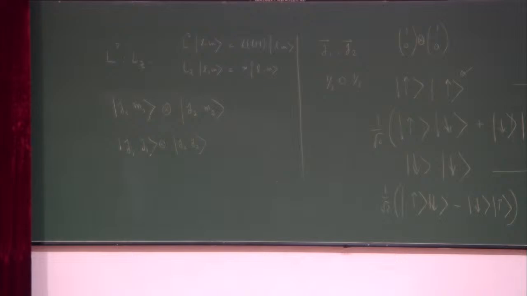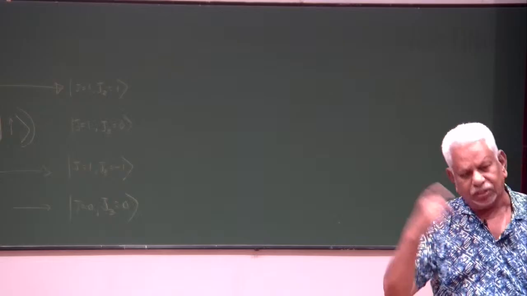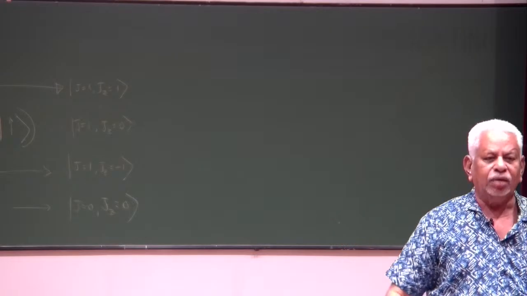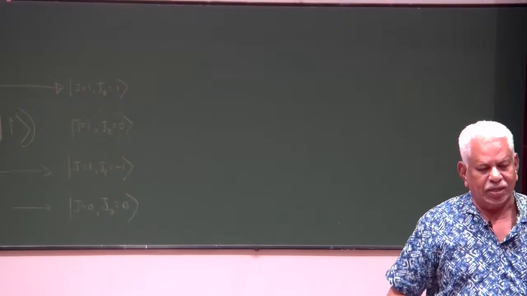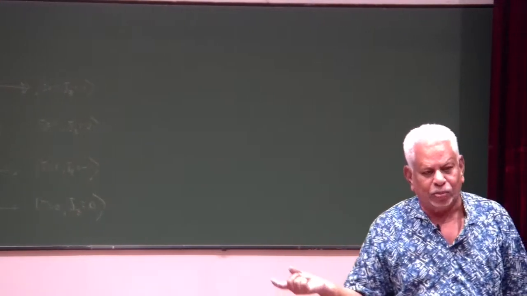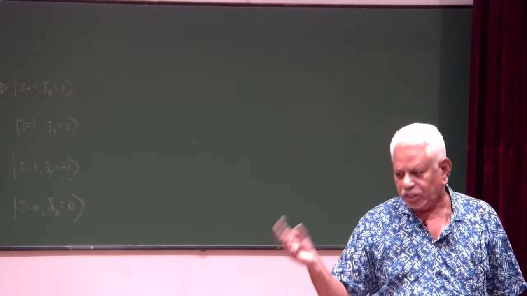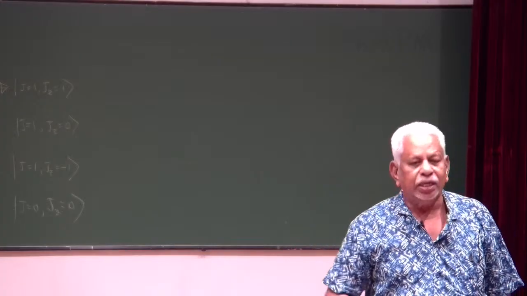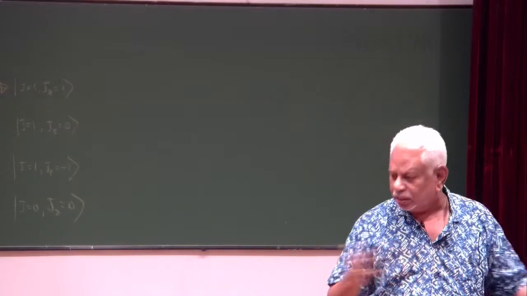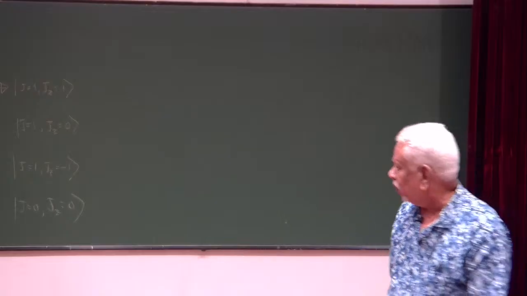The magnetic quantum number is plus J1 in the first one, and plus J2 for the second one, and maximum. Both are unique. What will be the total magnetic quantum number? J1 plus J2. There is no way to get that by any other combination. So this state is unique.